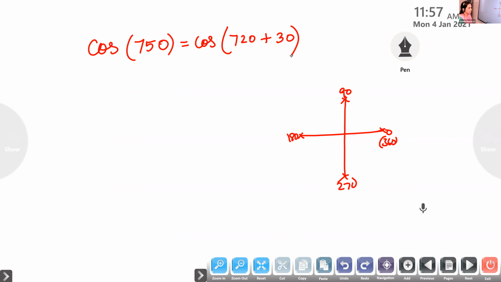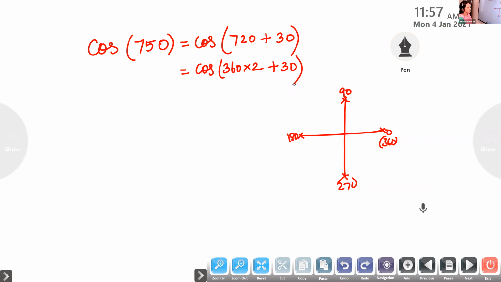Is it correct? It is greater than 360. We know that 360 into 1 is 360, and 720 is 360 into 2. So we can write this as cos of 360 into 2 plus 30.